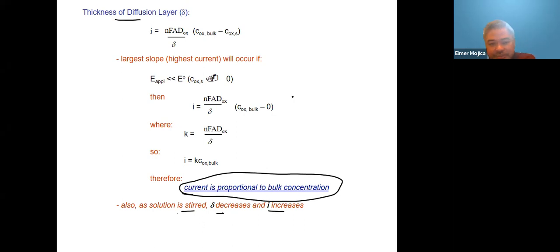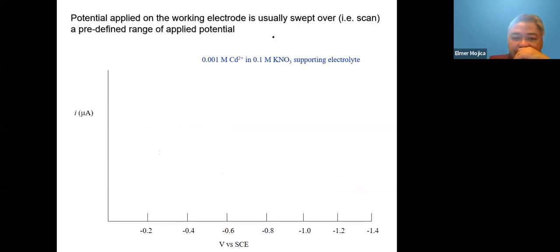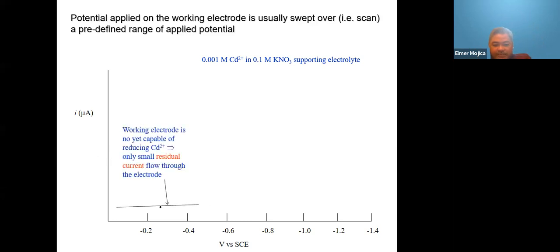And if you're going to look at what's happening here, as you apply the potential to the working electrode, you usually sweep or scan it, okay, from the lowest to highest potential or highest to lowest potential. So you sweep mo yung potential na yan. Okay, so what does it mean here?